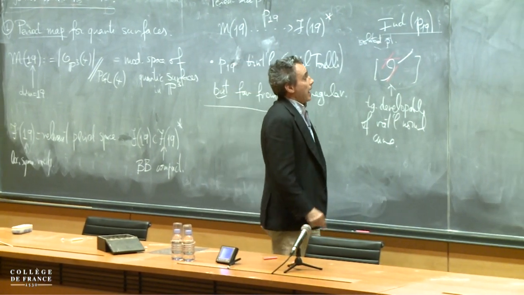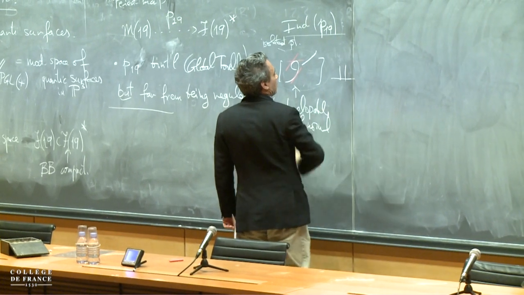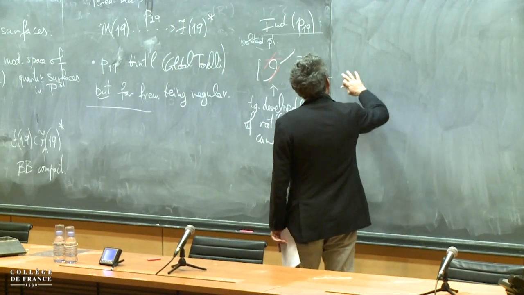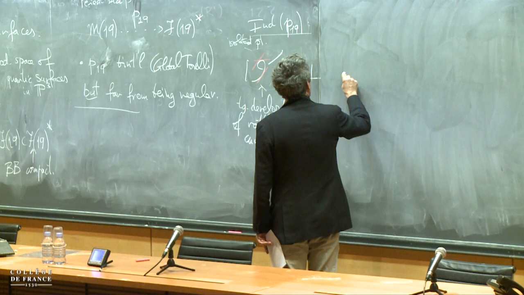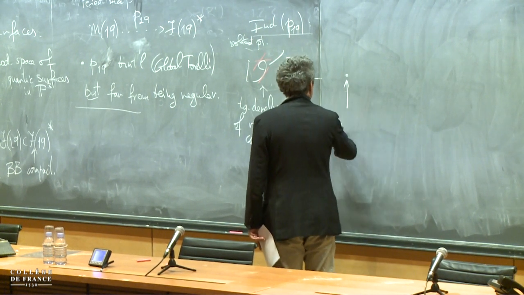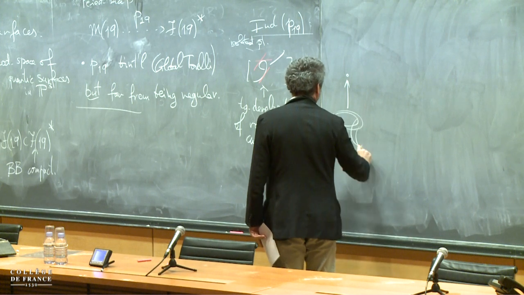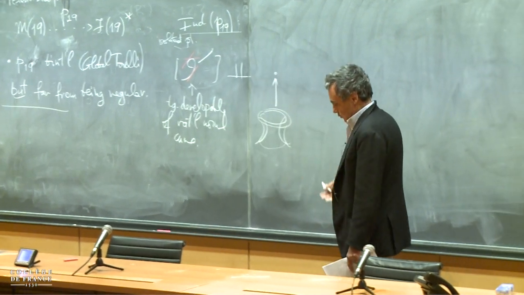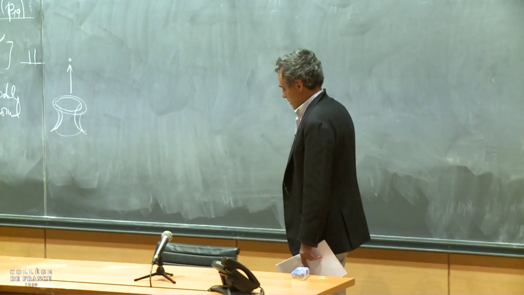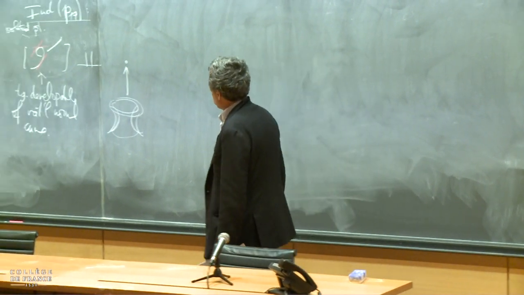Okay, and then, well, let me give you some. So we have one point representing a double smooth quadric. Okay, twice a smooth quadric is a strictly semi-stable point.